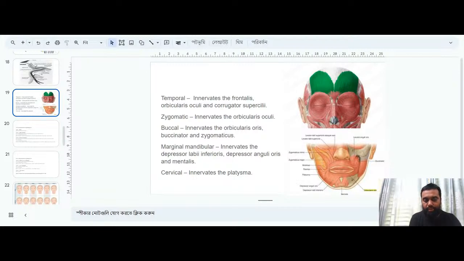So when there is palsy of the marginal mandibular branch of the facial nerve, there is difficulty in maintaining the angle of the mouth. And the cervical branch supplies the platysma. Platysma is not directly related to our facial expression. It is related to the tone of the skin in the neck.